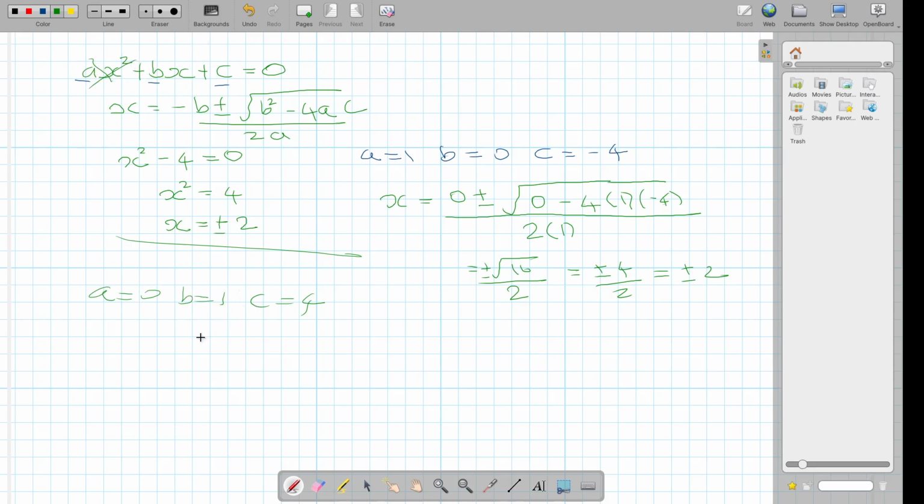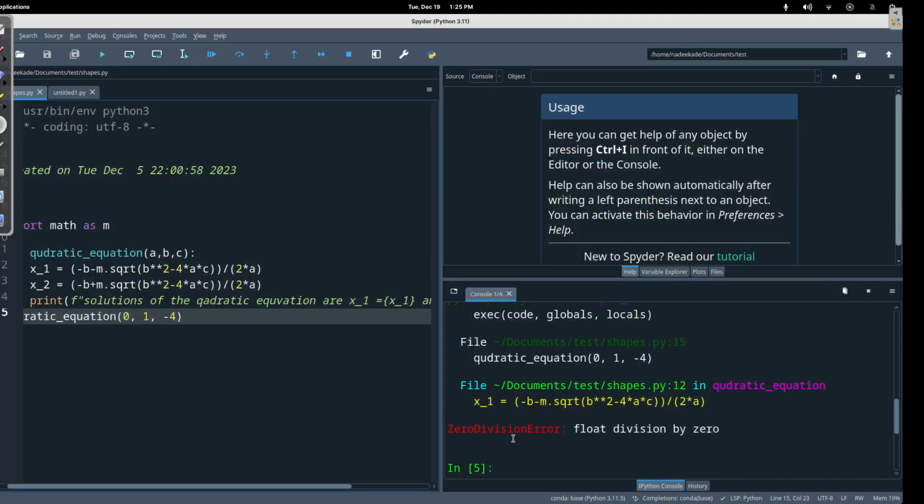So if we try to use the quadratic formula here, plus or minus, b is 1, so 1 minus 4, a is 0, c is minus 4. In the denominator 2a we get a 0, so we cannot divide by 0. Okay, so that's why it's giving a float division by 0 error.